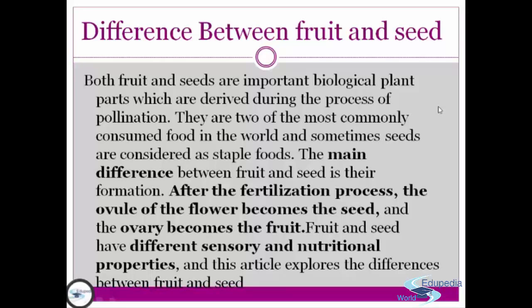The main difference between fruits and seeds is their formation. After the fertilization process, the ovule of the flower becomes the seed, and the ovary becomes the fruit. Fruit and seed have different sensory and nutritional properties, and this article explores the difference between fruit and seed.